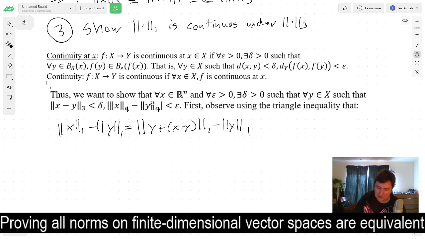See in here this is still equal to x because I got a positive y and a negative y, they cancel out.